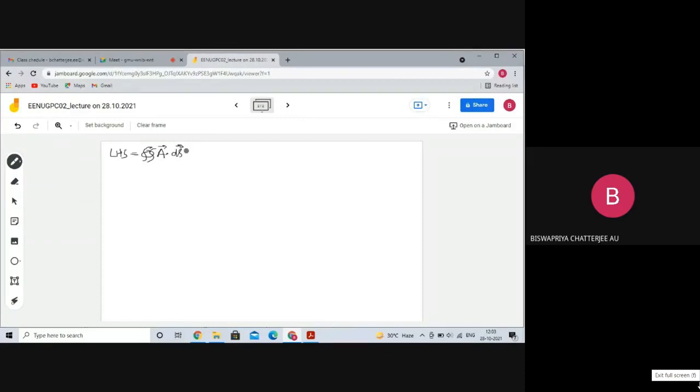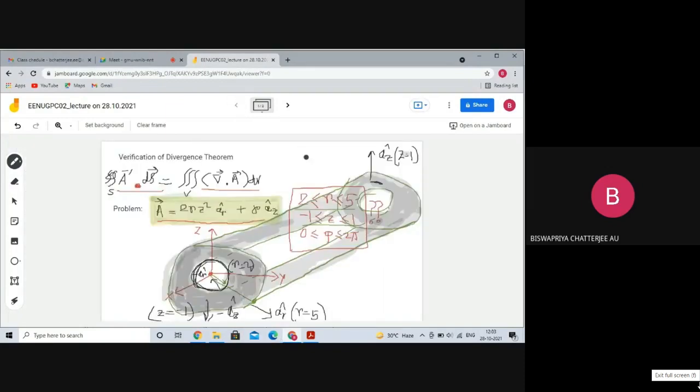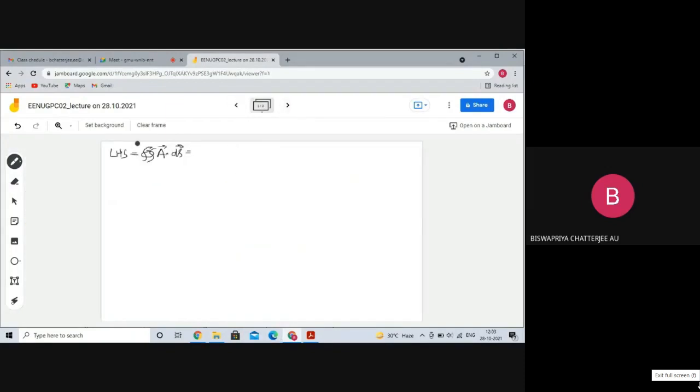Since we have four surfaces altogether, we disintegrate this integration into four parts. First one, we shall be doing A dot ds1.